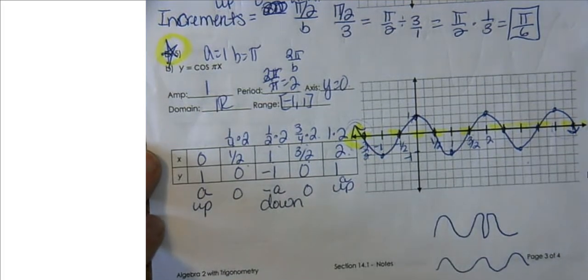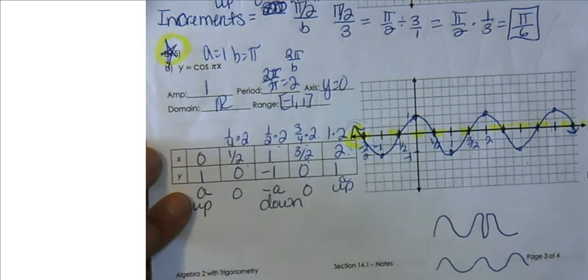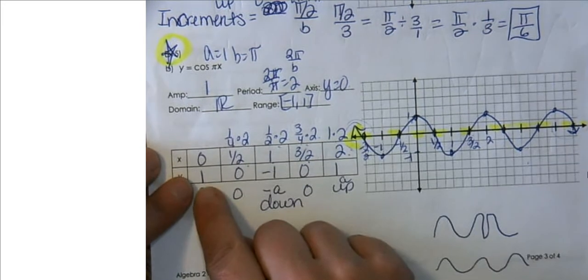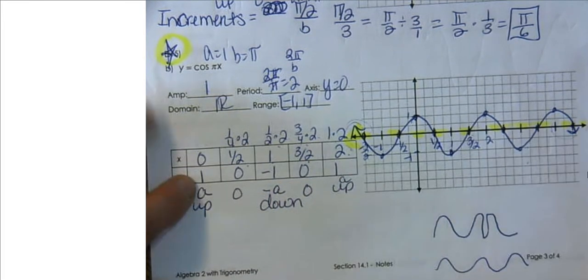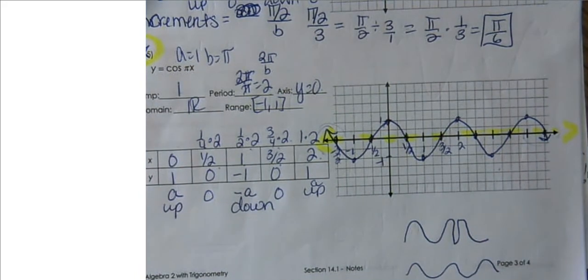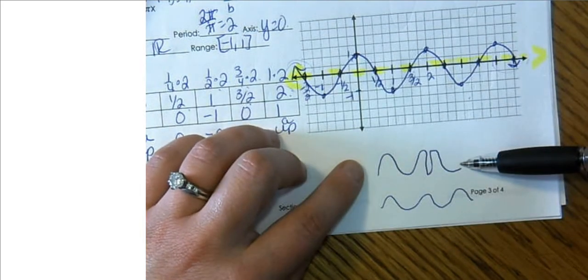Our a value is 1, so we're just going to be starting cosine at 0, 1. So I have 1, 0, down to -1, 0, 1. And when you graph it, it's just supposed to look something similar to what you see here. And what I have down here is a little bit of a scribble of what I've noticed about students and their graphs.